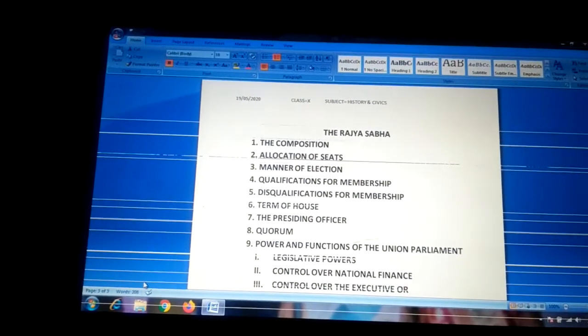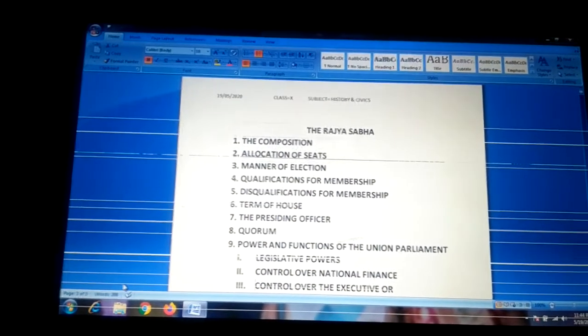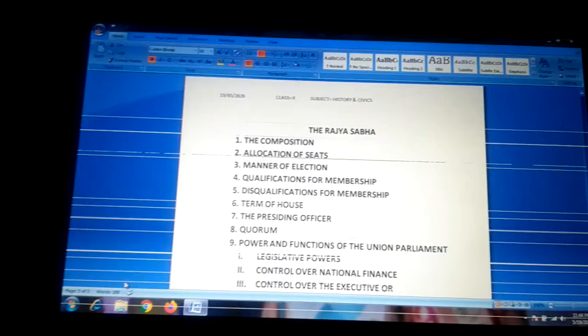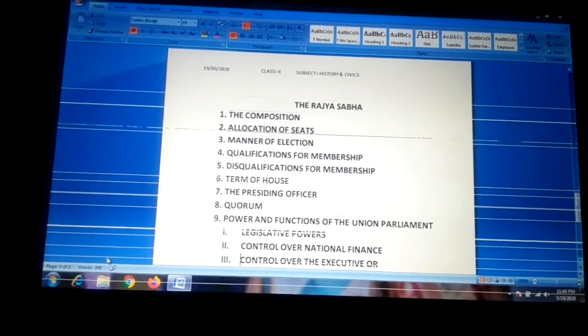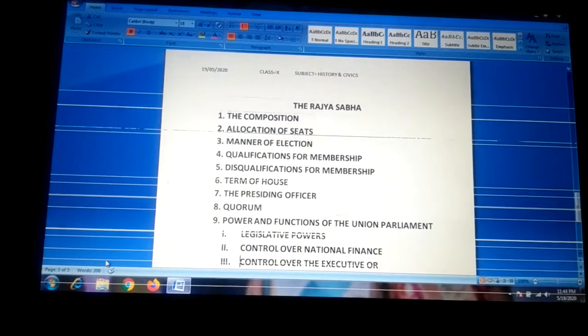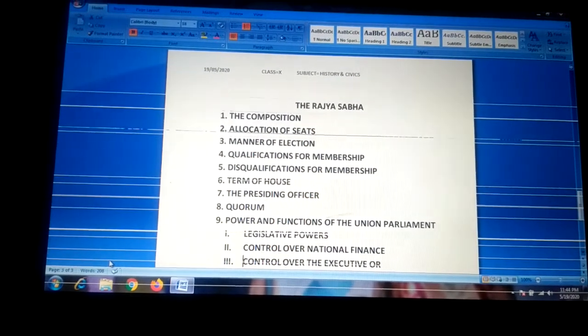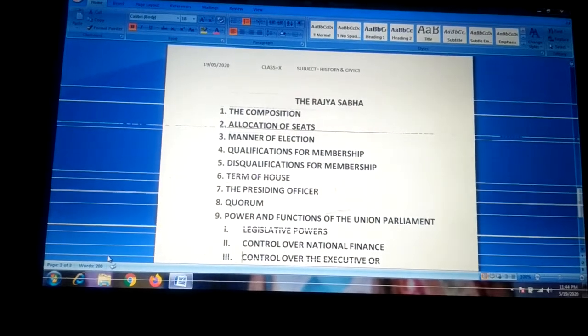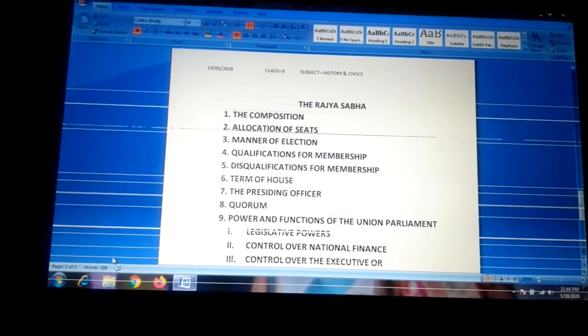We all know that. Whereas the Rajya Sabha represents the people in an indirect way, we give votes indirectly. Members of the Rajya Sabha are elected by the state legislative assemblies. Powers of the Parliament may be described as follows.